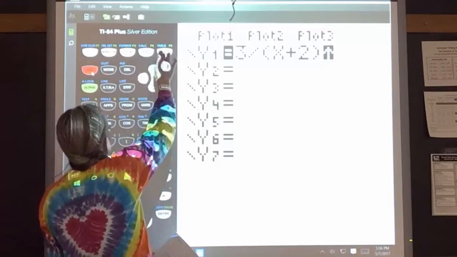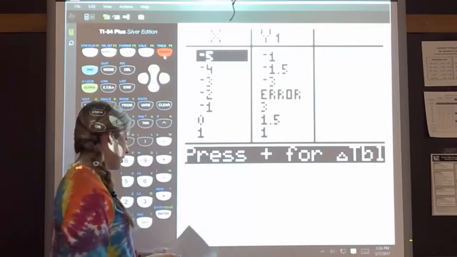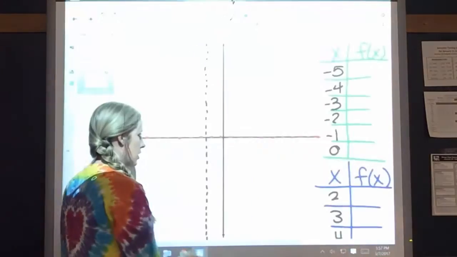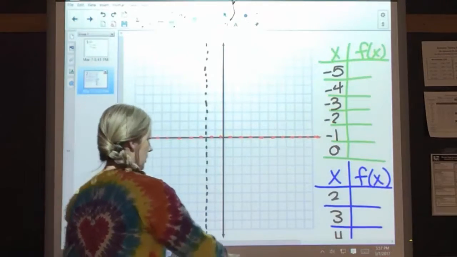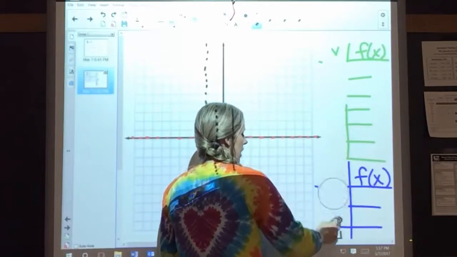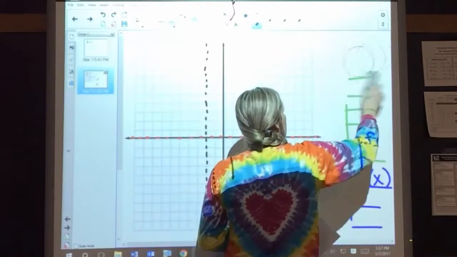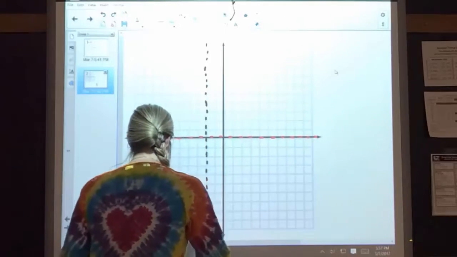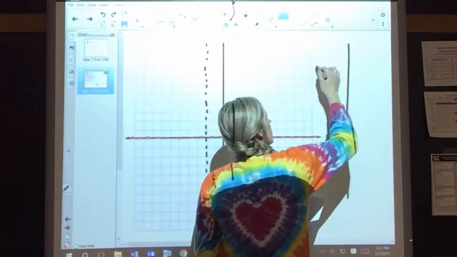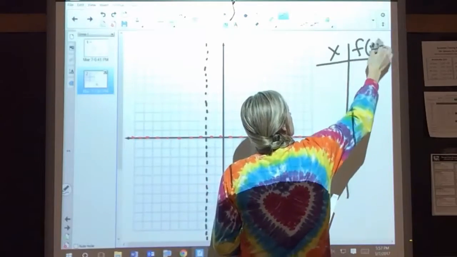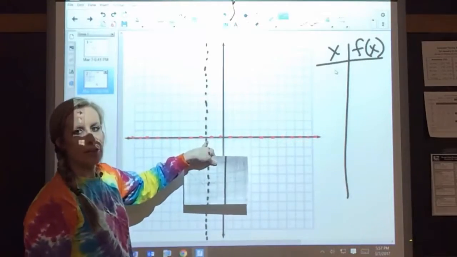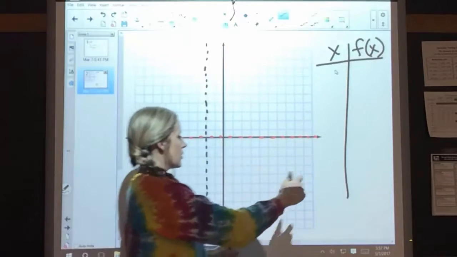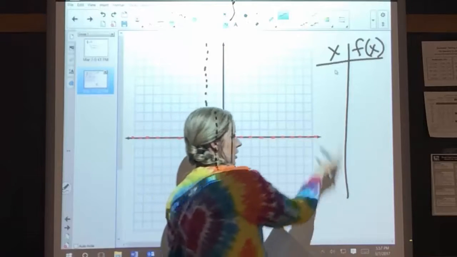Go to your table. Now, on your table, remember we're going around our vertical asymptote. So, let me erase this because it's not going to be -5 necessarily anymore. So my vertical asymptote is at -2. I need to go before that and after. So I'm going to skip -2 and I'm going to go backwards.